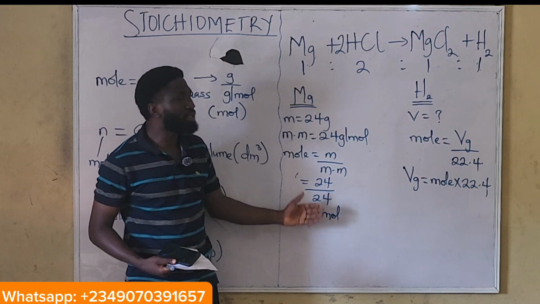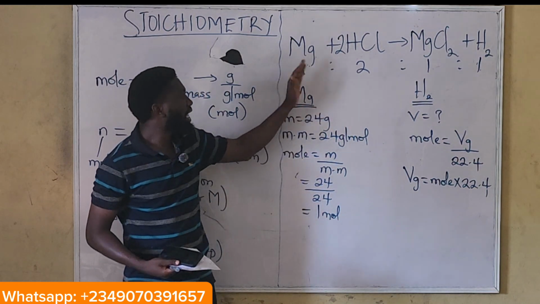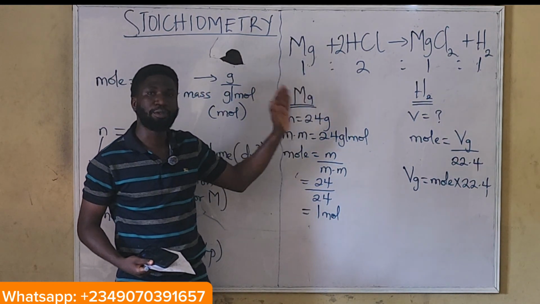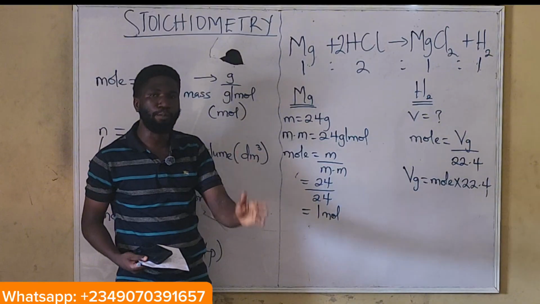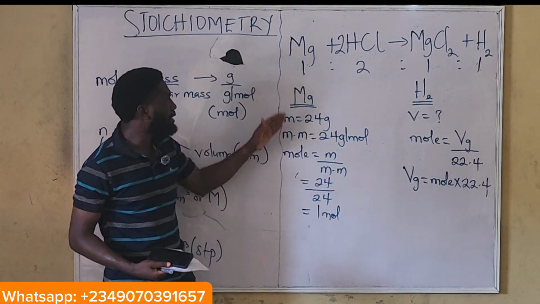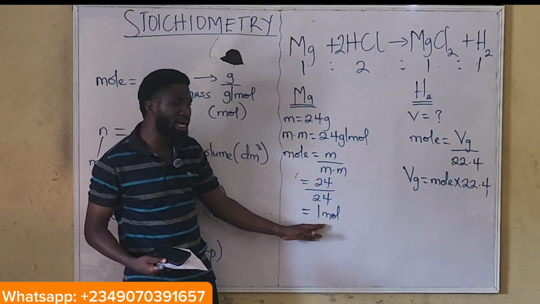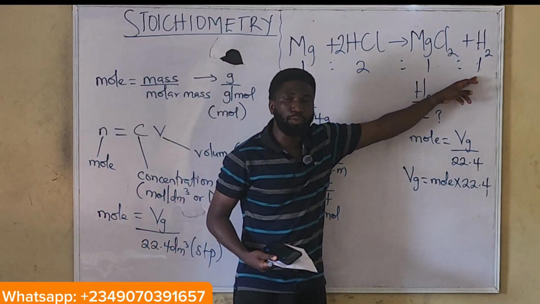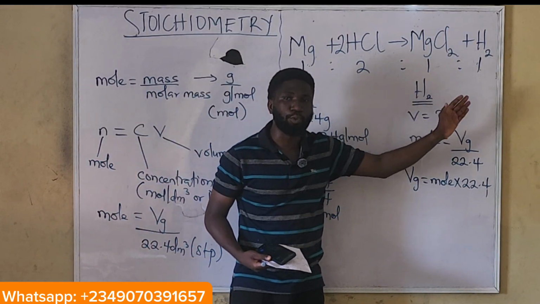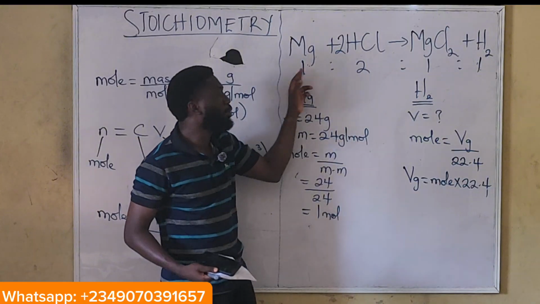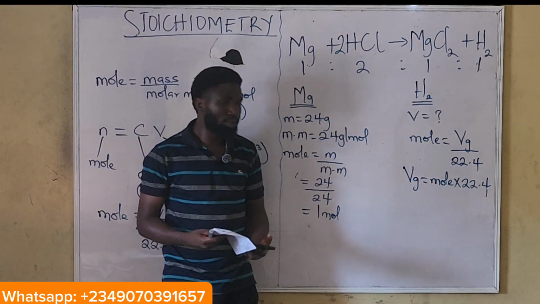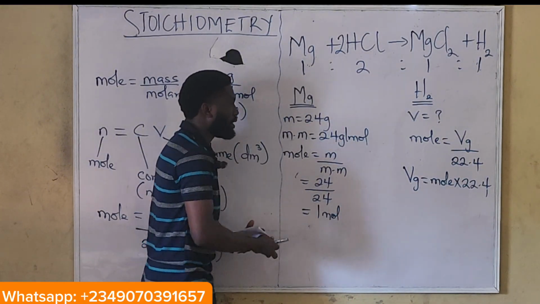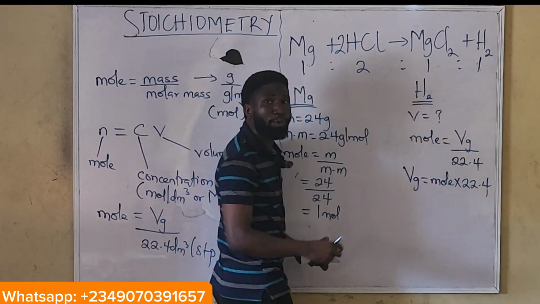So we've gotten the mole of magnesium to be 1. To relate it to the hydrogen, checking the mole ratio, they are going to have the same value for mole. Let's assume we got the mole of magnesium to be 5 moles. That means that of the hydrogen will also be 5 moles. Why? They have the same mole ratio. So if this one is 1 mole, that of the hydrogen gas too will be 1.